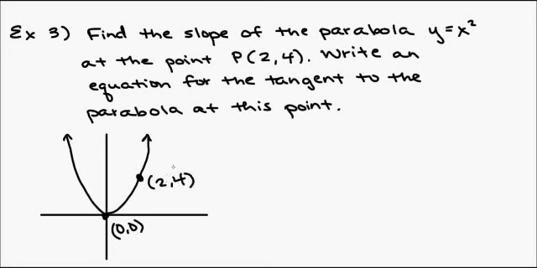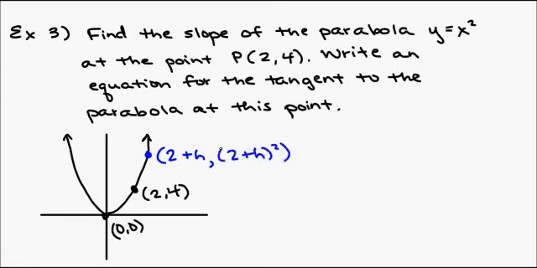Okay, let me actually move this down just a little bit. And I'm going to plot another point here at 2 plus h. So we've moved h units further along the axis, and the y coordinate here is (2 plus h) squared.